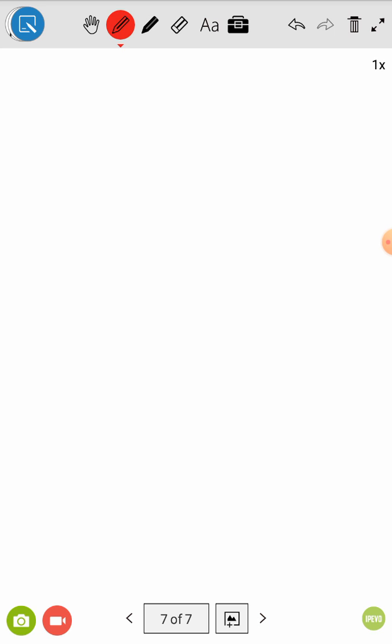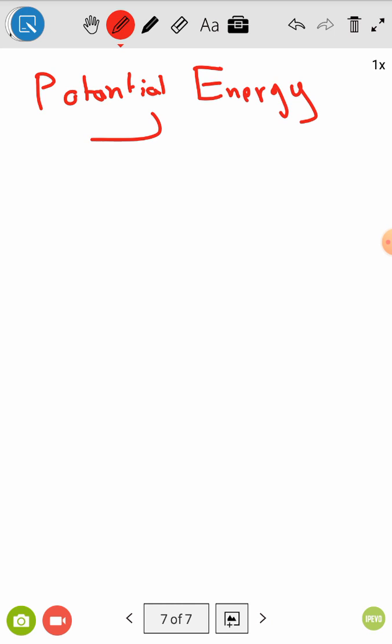So we can divide potential energy into two parts: gravitational potential energy, and elastic potential energy.